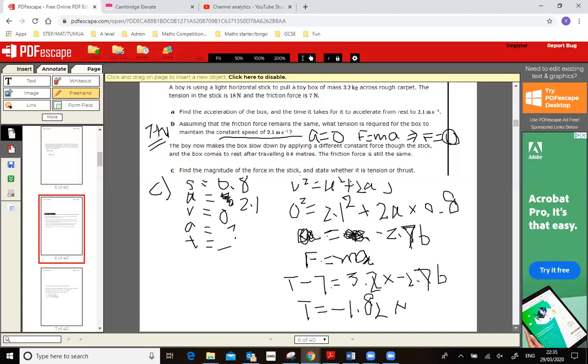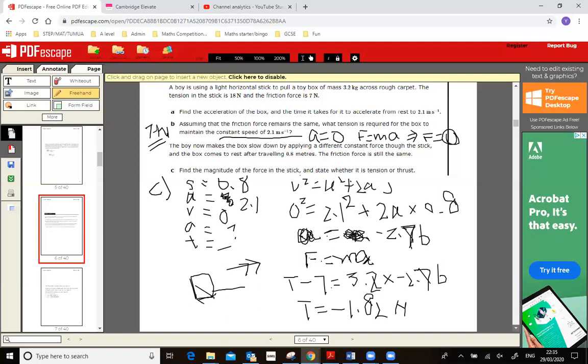Newtons. So assuming that the block is moving towards the right-hand side, and the force we worked out is negative 1.82, which means it's not going to the right side, it is going towards the left-hand side.